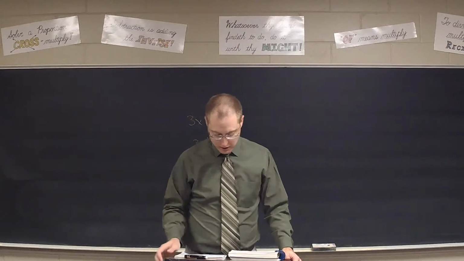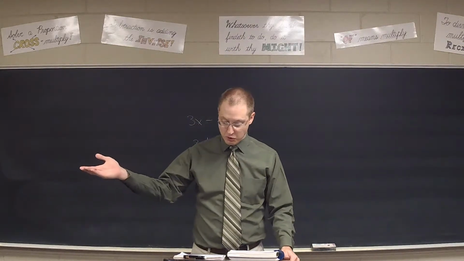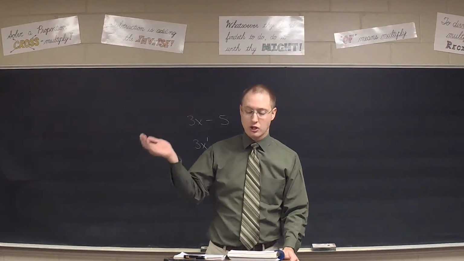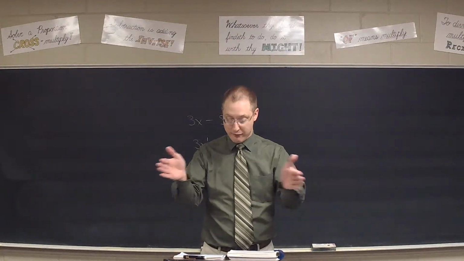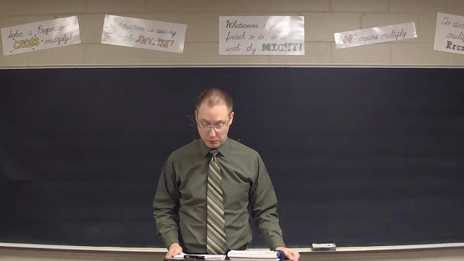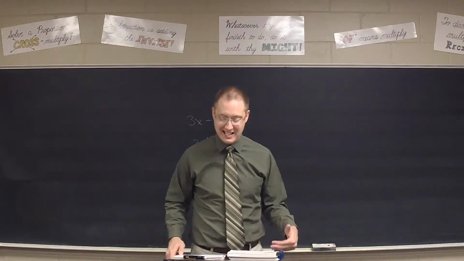Number 20, there's no friends for the x cubed, so there's just 5x cubed. No friends for the 3x squared, so positive 3x squared. Then the 8x and the negative 2x, they have friends, positive 6x, and the positive 2 and positive 1 give you positive 3. Again, we want to combine our terms and then arrange them in that descending order.